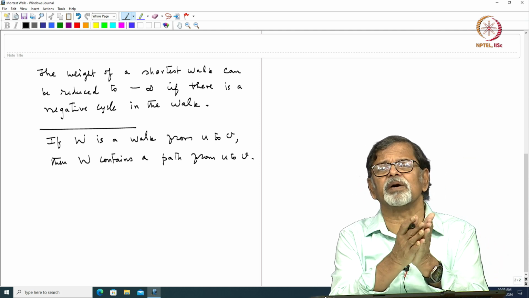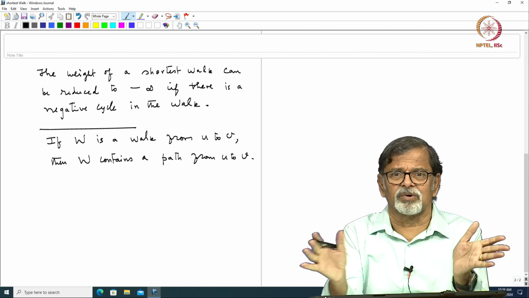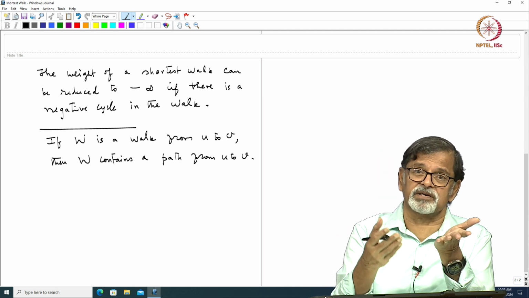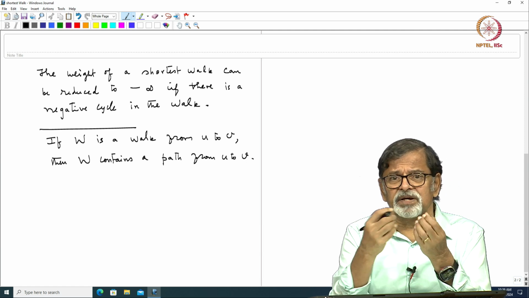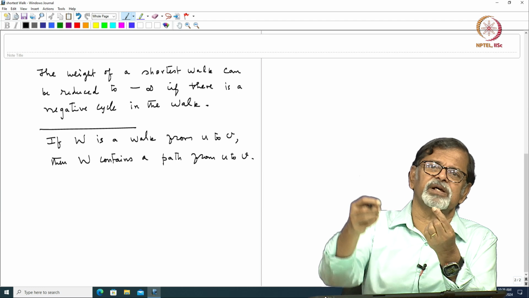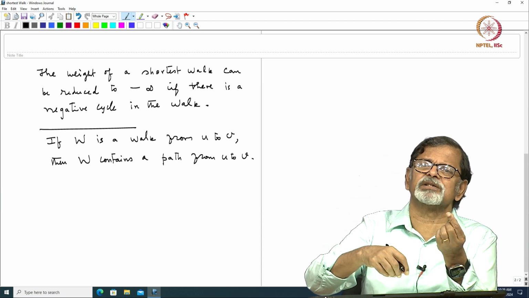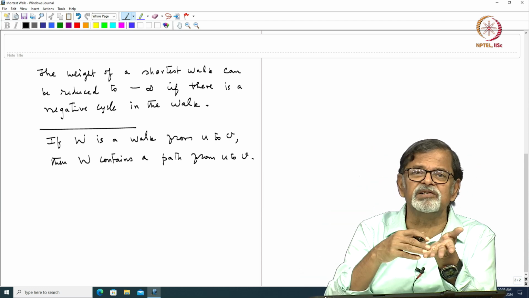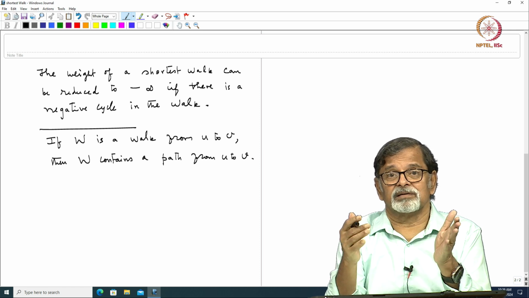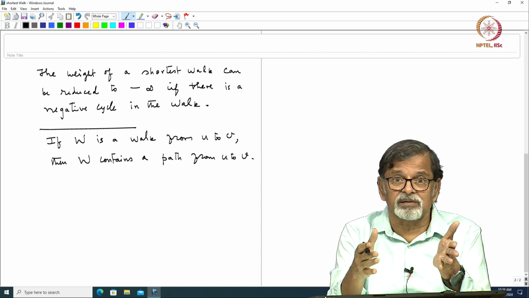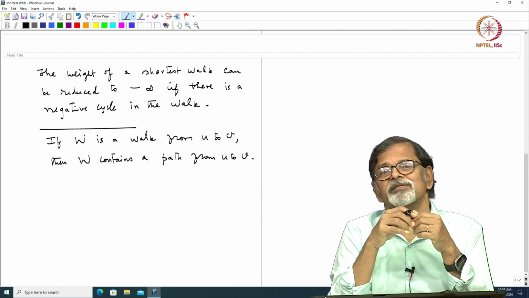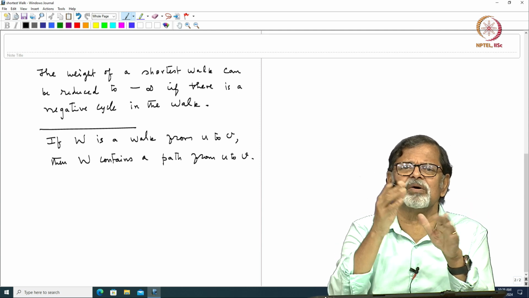What is the definition of a path? No repetition of vertices. A walk may have repetition of a vertex. Repetition of a vertex means you start from a vertex, you go through various edges and then again come back to that vertex. So, there is a cycle of edges that are defined between two successive occurrence of a repeating vertex. Remove all of them.